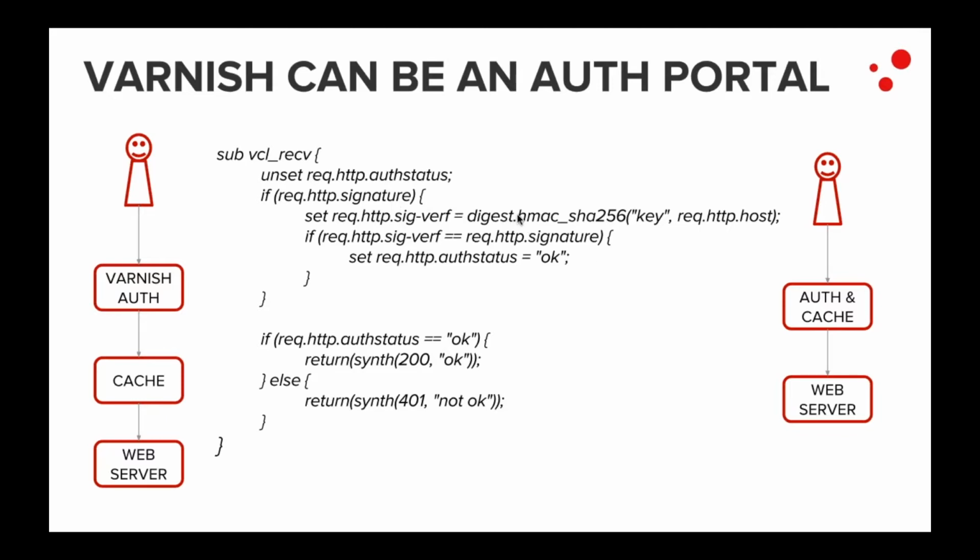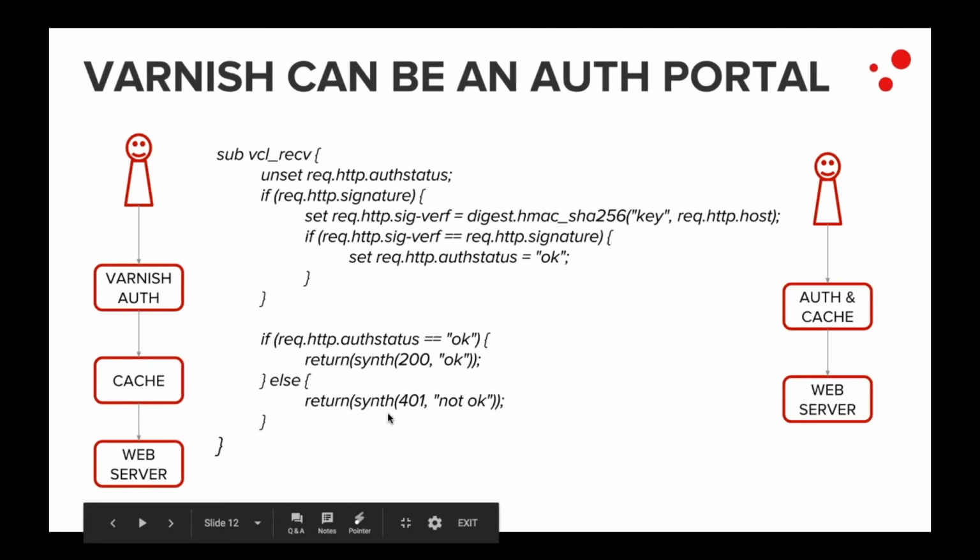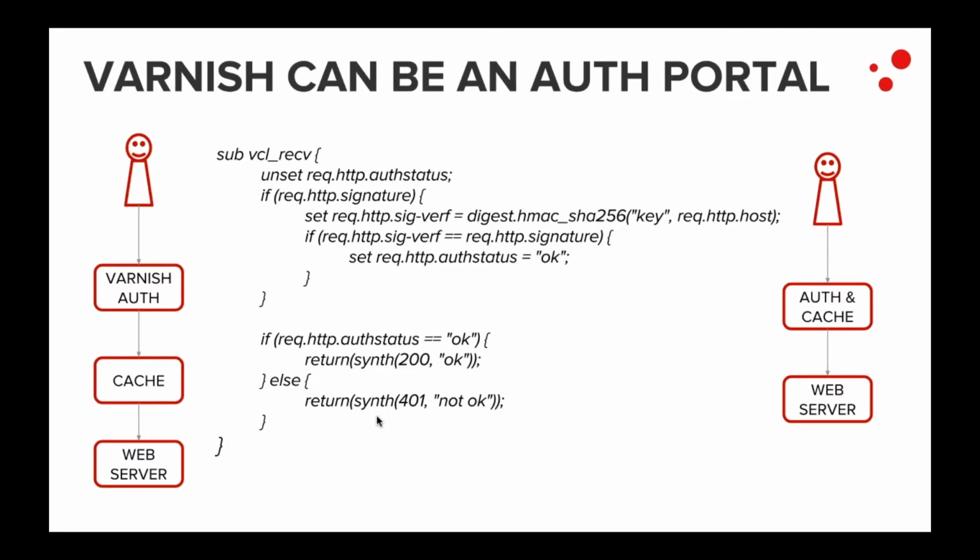And using the digest VMOD, which is open source, and you can check that out on GitHub, we make sure that the request signature header is equal to the signature verification header. If they're equal, then the user is authenticated. If not, the user won't be authenticated, therefore it will also be unauthorized in this scenario. That's a very simple example.